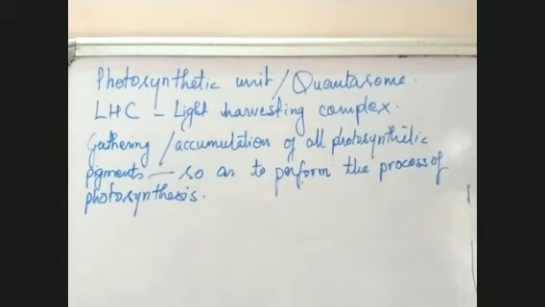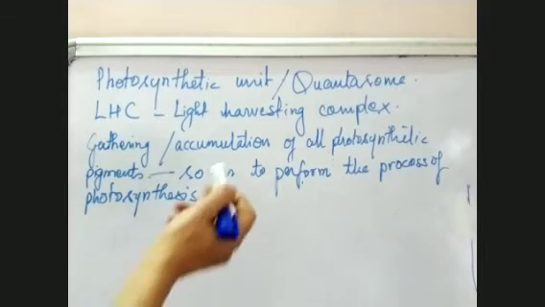Now all the photosynthetic pigments, because photosynthetic pigments are the main raw material for the process of photosynthesis, that means all forms of chlorophyll, carotenoids, and phycobilins, they all gather together and perform the process of photosynthesis.